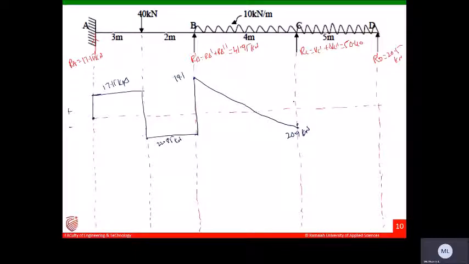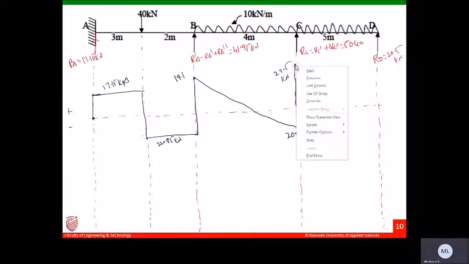So now minus 20.9 plus 50, 29.5. So it comes somewhere here, 29.5 kilonewtons. Then plus 29.5 minus 10 into 5, 50.